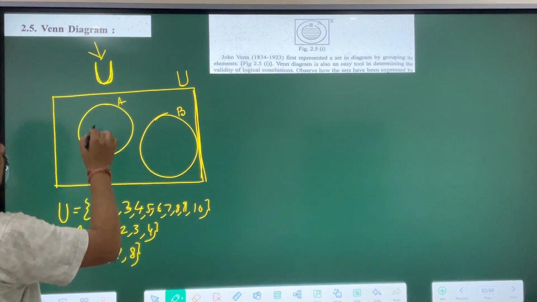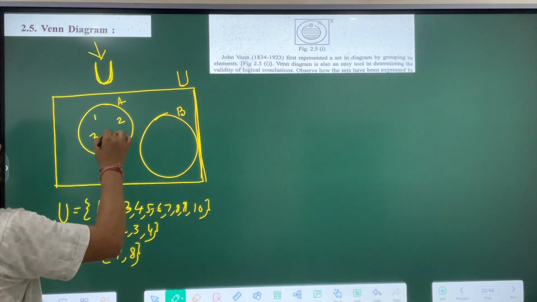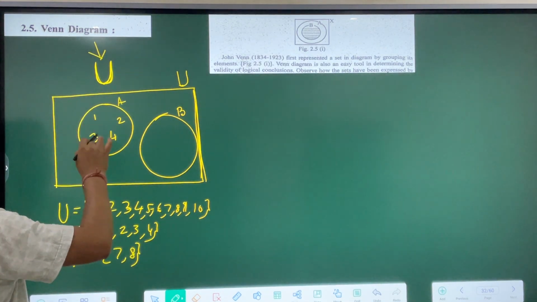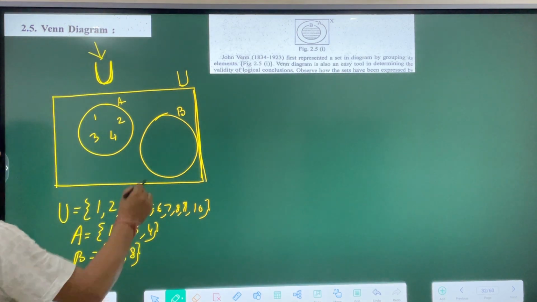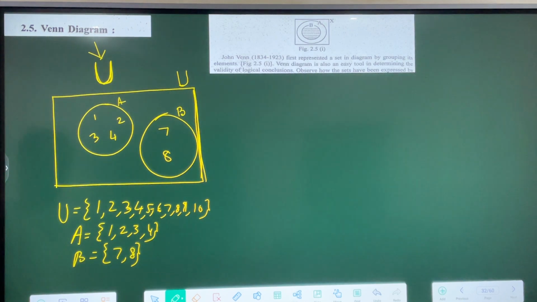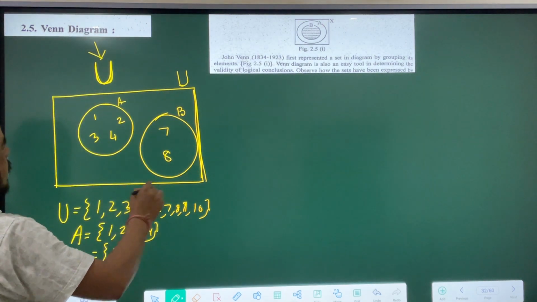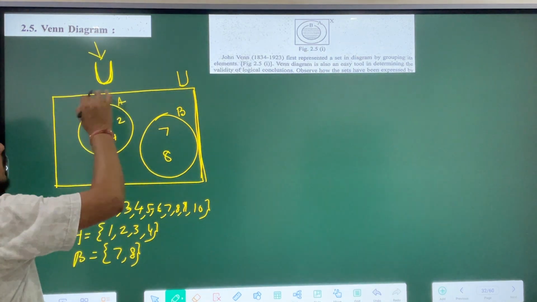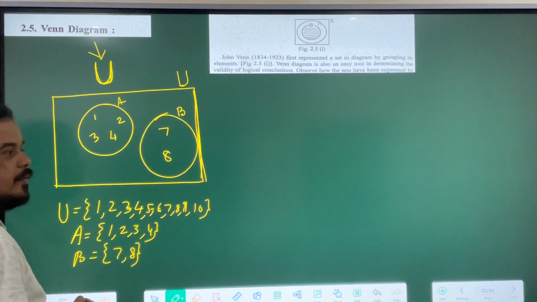A 1, 2, 3, 4. So 4 elements are there inside the circle A. B 7, 8. Okay. Now this box includes two sets. But this box means what? 1 to 10.